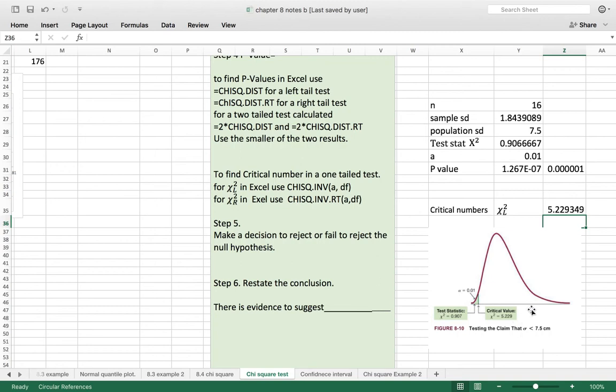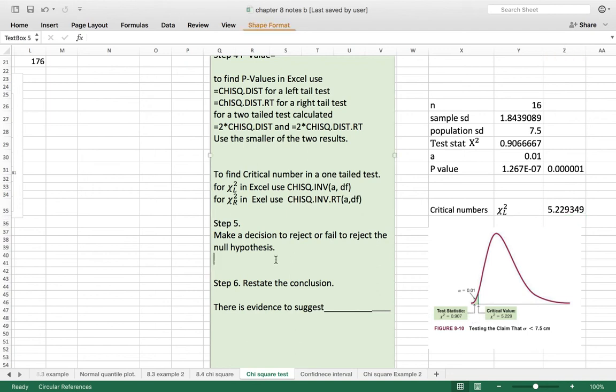This picture illustrates the problem we just worked, with the critical number of 5.229 being the cutoff of this green tail region on the left. And you can see that our test statistic is within that critical region. So we will reject the null hypothesis.